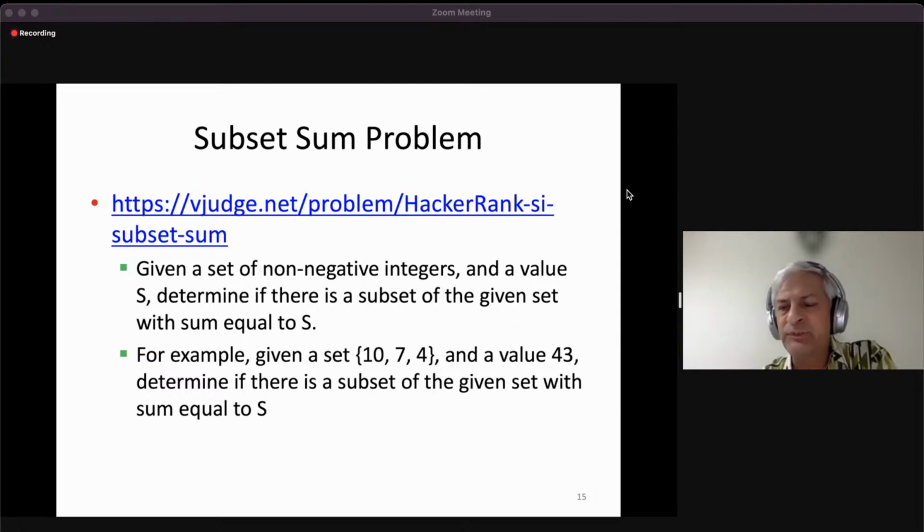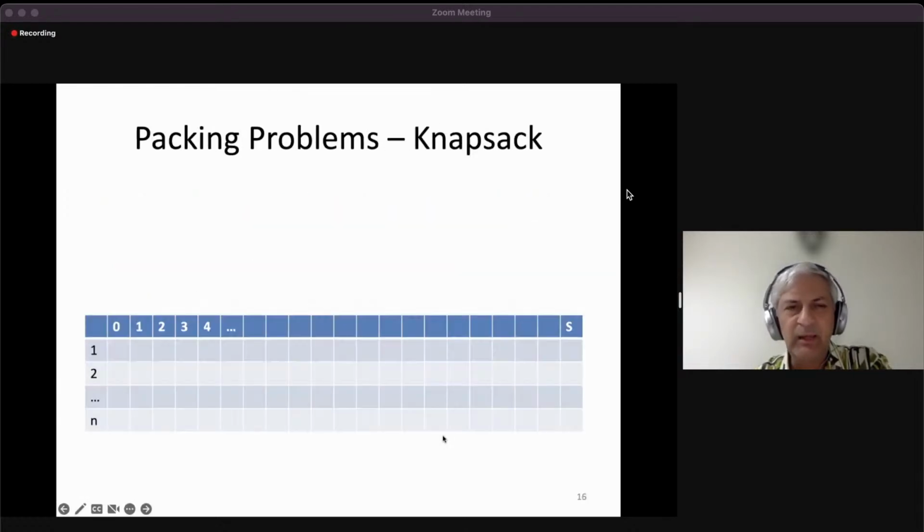And we were asked whether we can attain value 43 with these three numbers. These two problems are essentially the same, and we can write code similar to what we did on the previous slide.